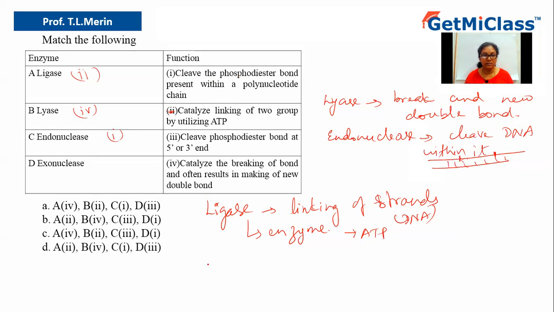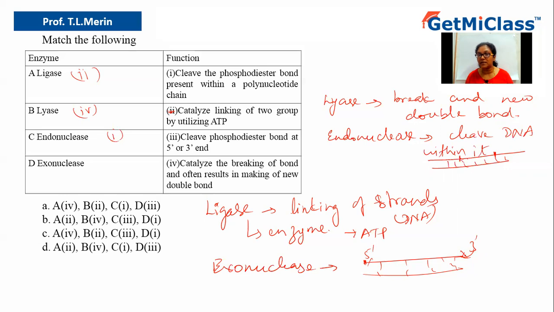D says exonuclease. Exo means outside. So these enzymes have the capacity to cleave the DNA from the terminal ends, either at the 5' end or the 3' end, but at the terminal regions.